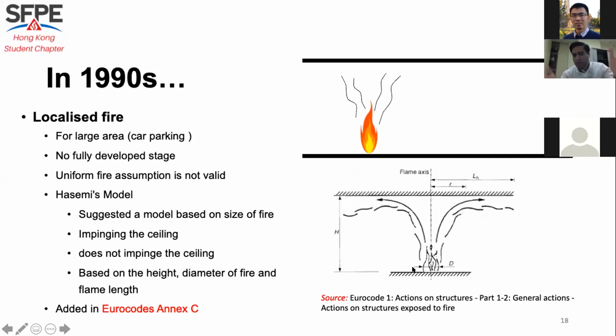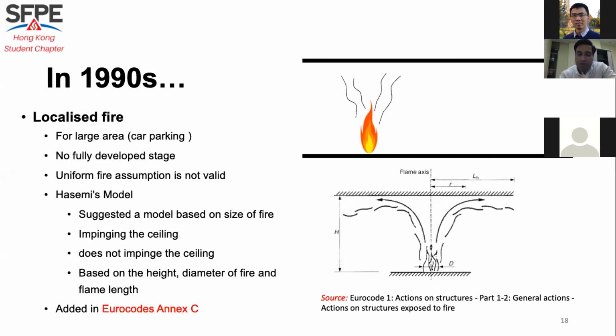A bigger fire means bigger temperatures. Based on that, the height of the room and the radial distance, you can calculate the temperature. This is also one of the revolutionary works in this field for understanding temperature in localized fire.